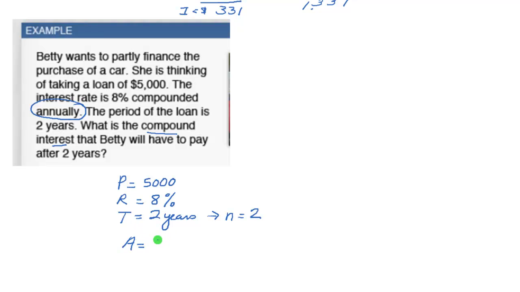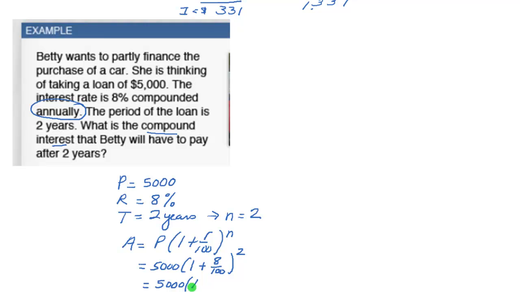So remember, it's principal times 1 plus rate over 100, to the n. So 5,000 times 1 plus 8 over 100, and then n is 2. 8 over 100, because if we're going to square, you may prefer a decimal.